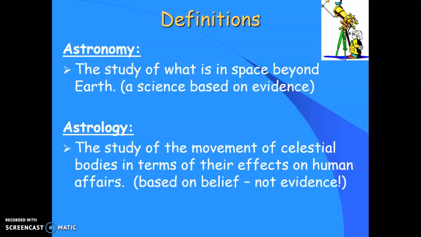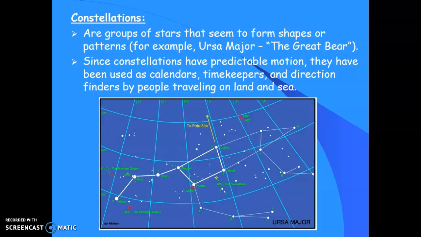Okay. So a constellation is essentially a group of stars that seem to form certain shapes or patterns in the night sky. Okay, so for example, the Big Dipper is a very common example of that. But actually, the Big Dipper is a smaller portion of a larger constellation called the Ursa Major.